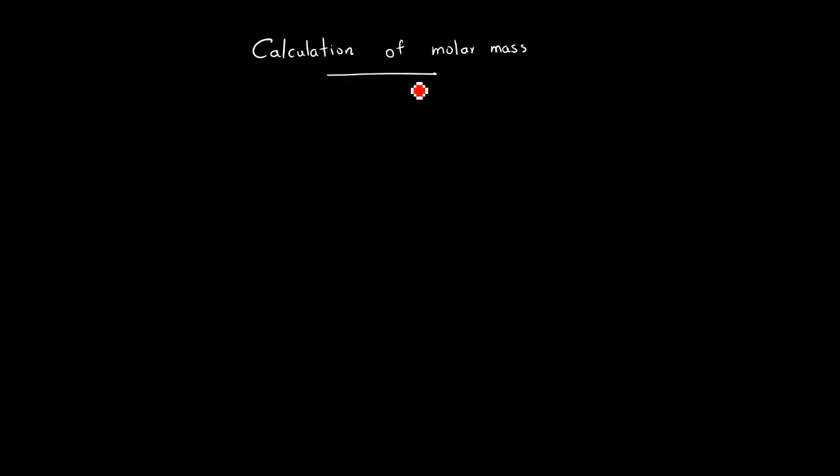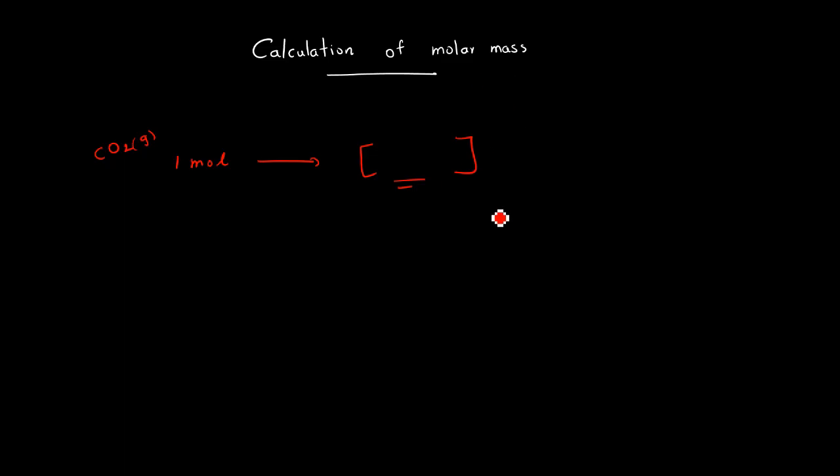When it comes to molar mass, what you need to understand is that if you take 1 mole of anything, it can be a compound, it can be atoms, it can be anything. If you take 1 mole of anything, the weight of this 1 mole, let's say you have taken carbon dioxide, which is a gas, so you take 1 mole of carbon dioxide and weigh it under suitable conditions, the weight you get is the molar mass.